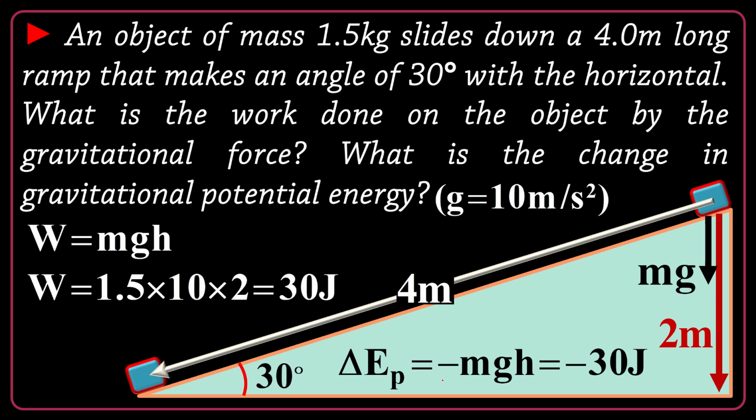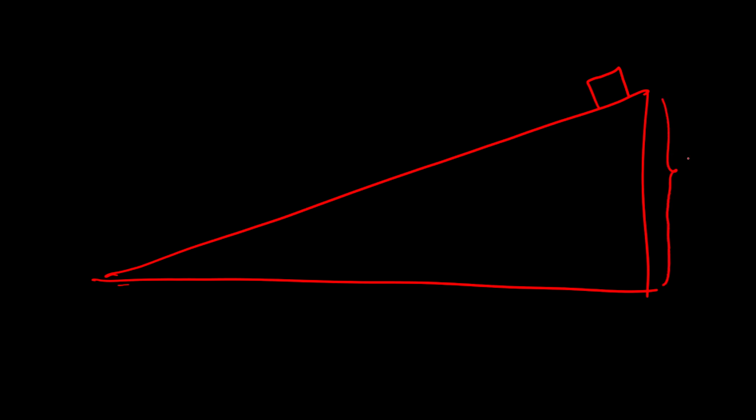The last point I should mention is the path. You see that the object goes down for 4 meters. I can show you something. Let's say the object is here and it will have a vertical displacement of 2 meters.